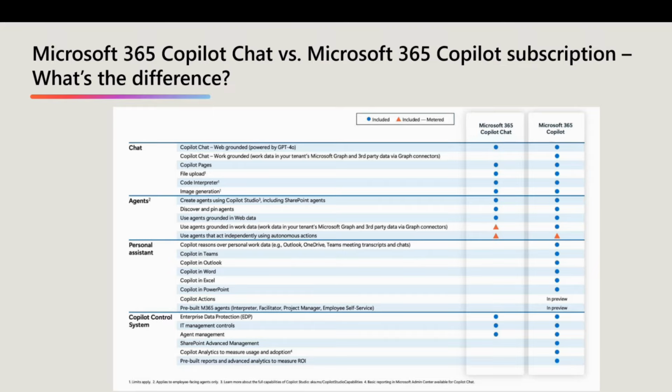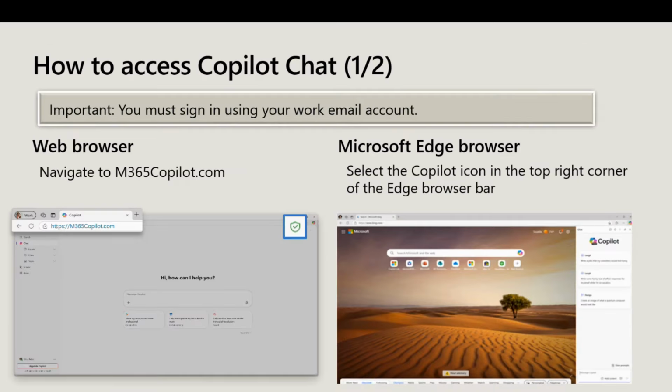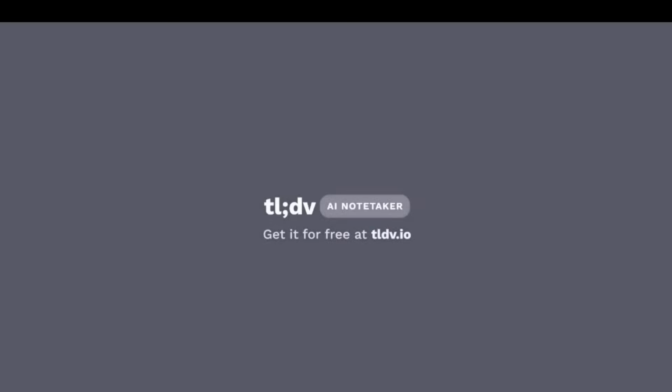So if I have to use the Copilot chat, there are two ways in which I can do it. One is the web browser. So it's very simple.